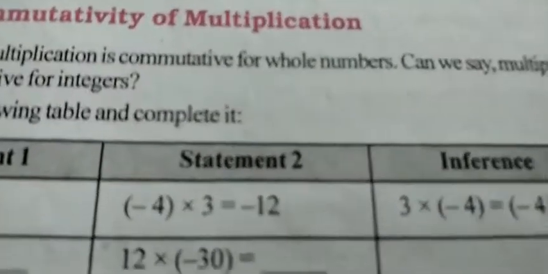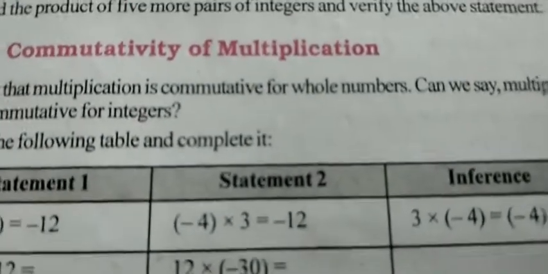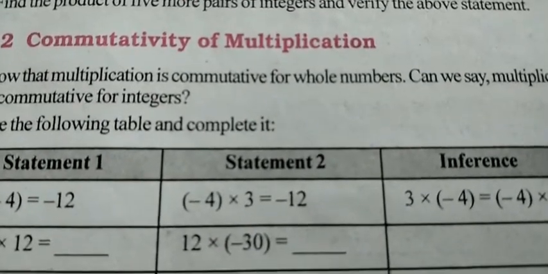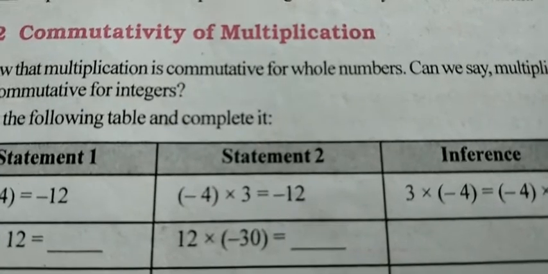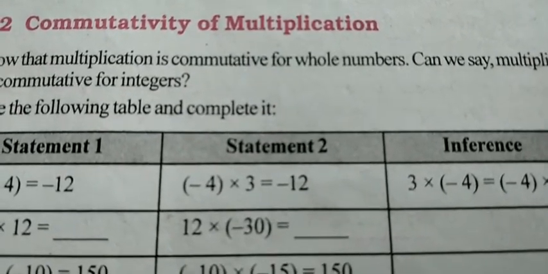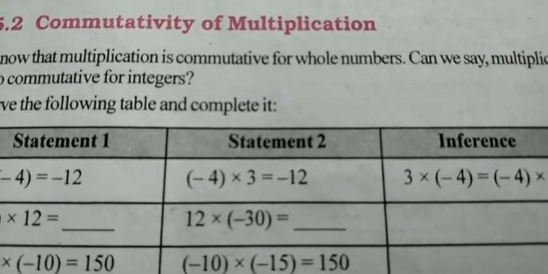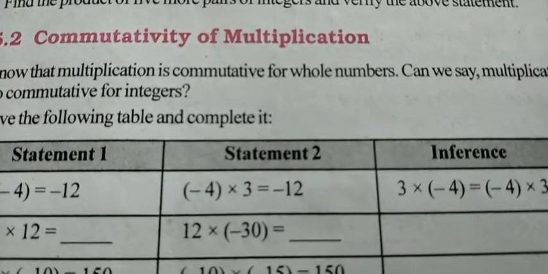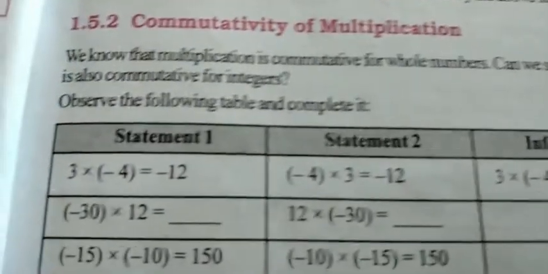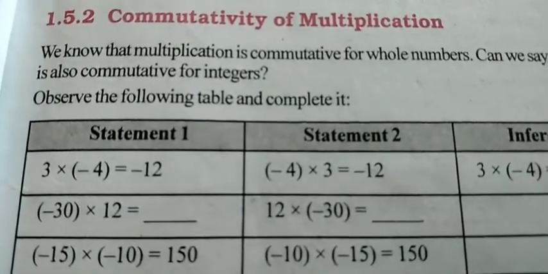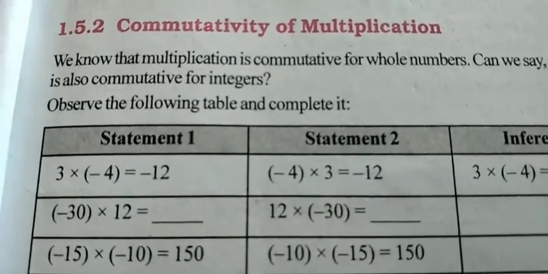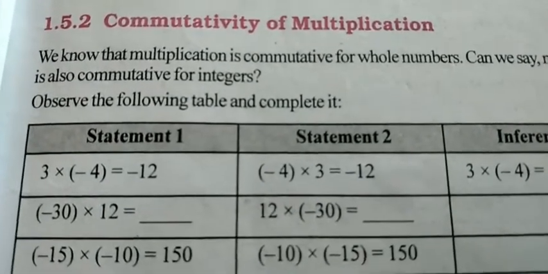So you can see statement 2. Same thing, but the order of the integers is changed and the answer is also the same, minus 12. So in both the cases, you can see the answer is the same.